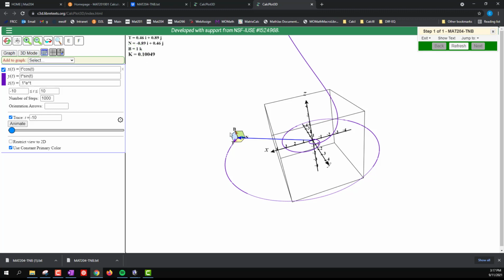Vector B currently is pointing basically straight up. It's basically just 1 k hat. So if I were to put that vector right here, it would only be pointing in the z direction with a unit of 1. Okay? So I want you to see how this vector B, as I'm moving along this osculating plane around here, is not really changing.